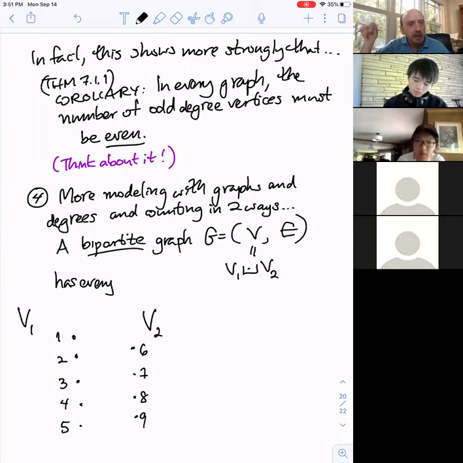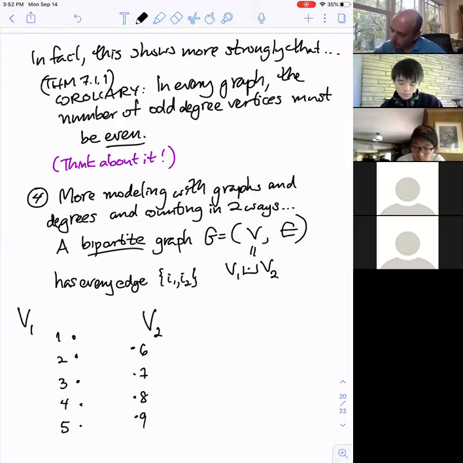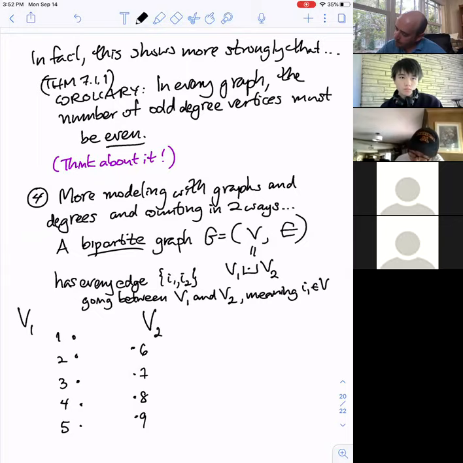You never have any edges just among two vertices in V1 and none among just two vertices in V2. It has every edge I1, I2, or the two vertices, going between V1 and V2, meaning that I1 is in V1 and I2 is in V2.